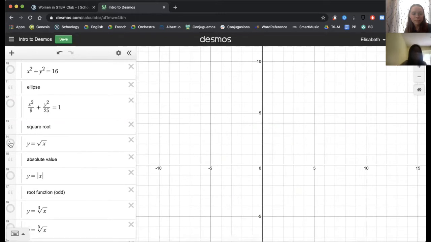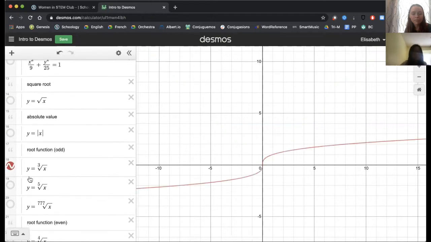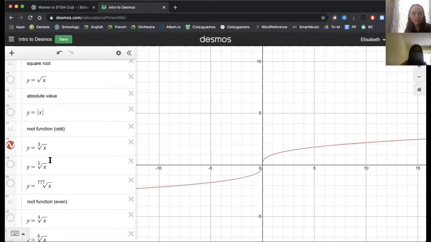Here's some other ones, such as a square root, absolute value, which creates this sort of V, a root function. And the thing about root functions is, depending on what number you have over here, it will look a little different. So as I keep doing this, it gets more like this, and when you make the number really high, it almost looks like a right angle right here.